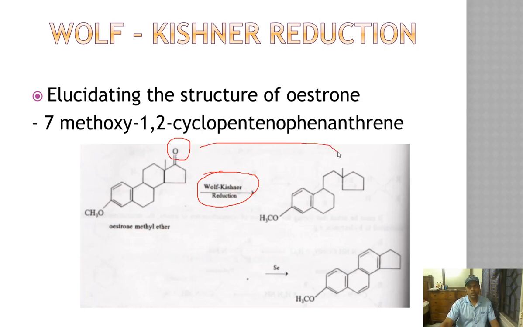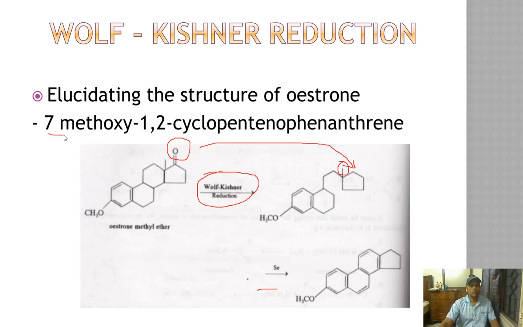Okay, ketone to again that methylene group. So ketone is removed, and in this reaction they are going to deprotonate this, remove the hydrogen. Anyway, each time when they do this reaction, you get this product.